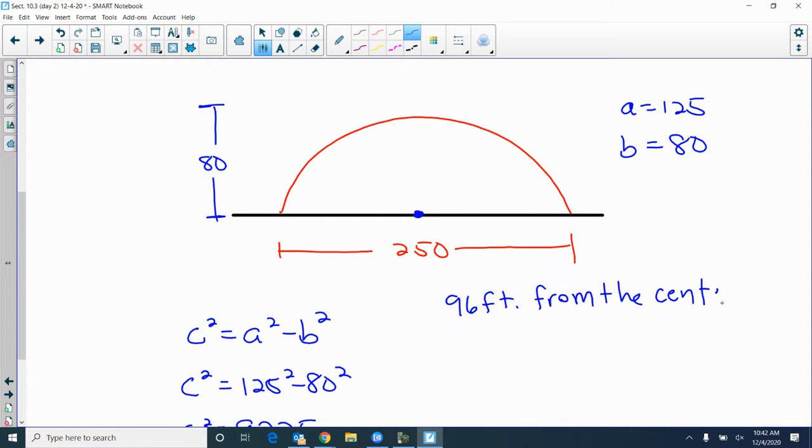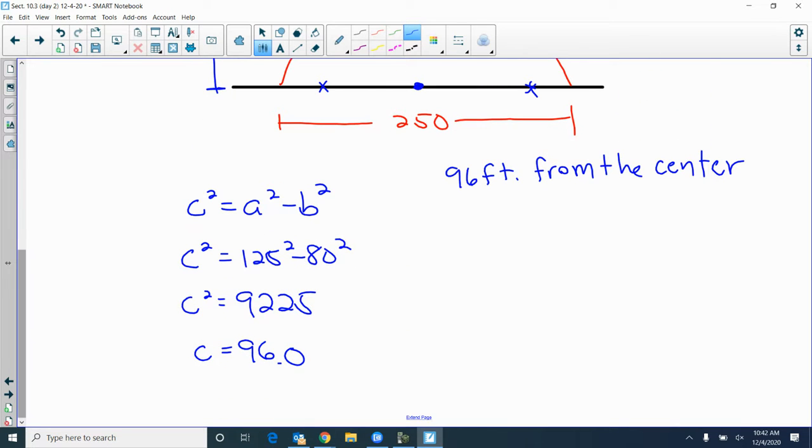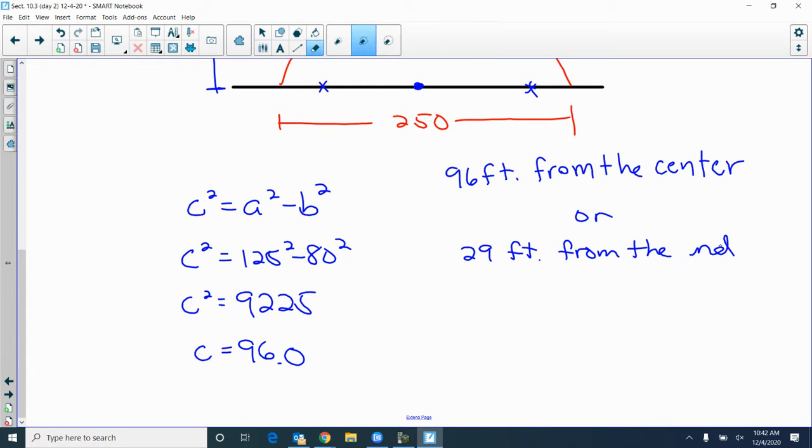Or if you're going to go from the end of the wall in, take 125 minus 96, what is that? 29? Or 29 feet from the wall, I should say.